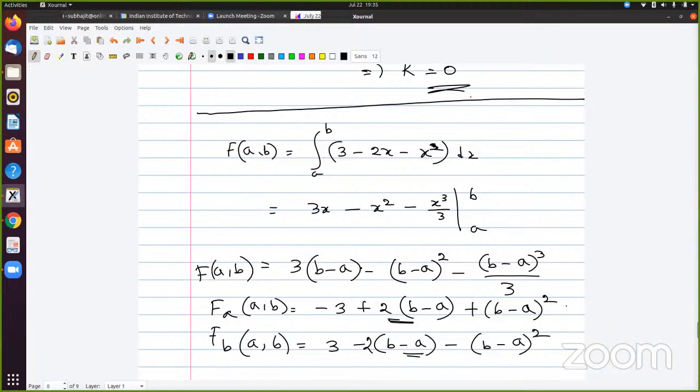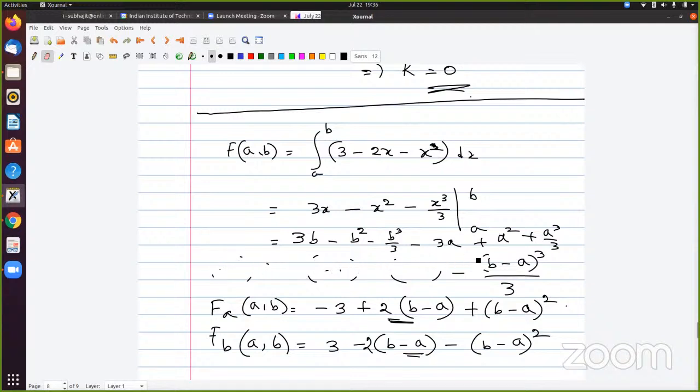This is 3b minus b square minus b cubed by 3 minus 3a, a square, a cubed by 3. This is what we should get, right? Correct. Yes, sir. Sorry.